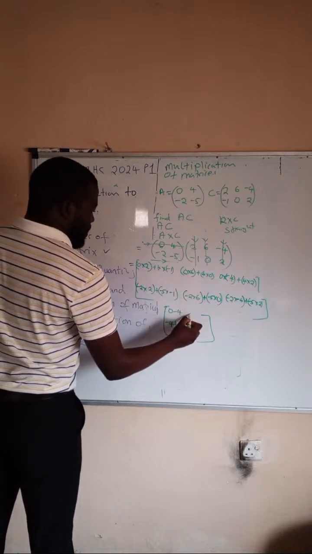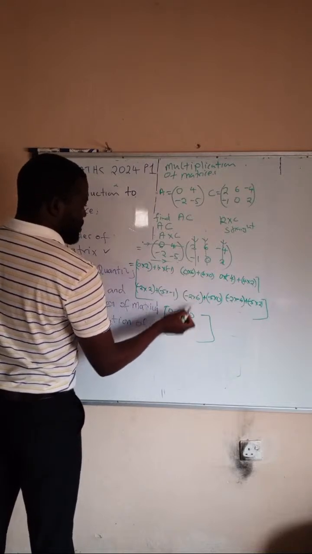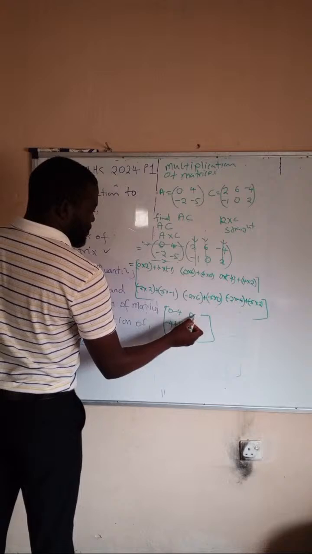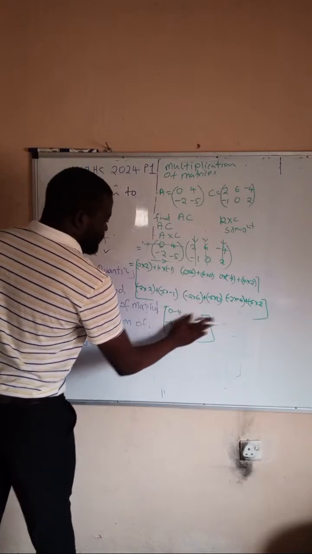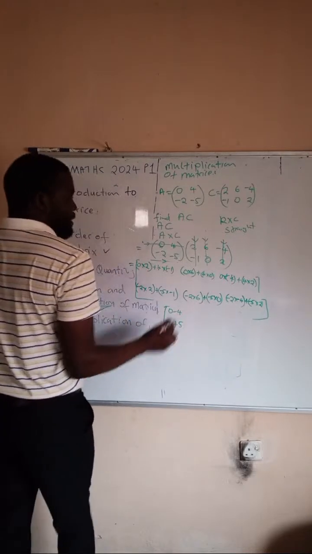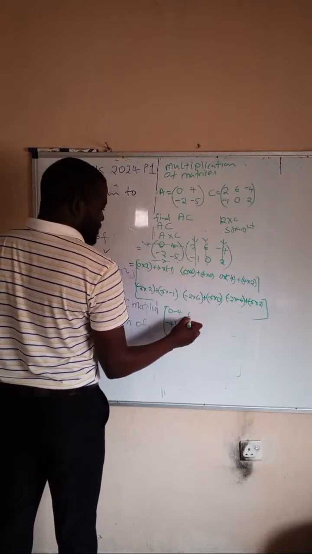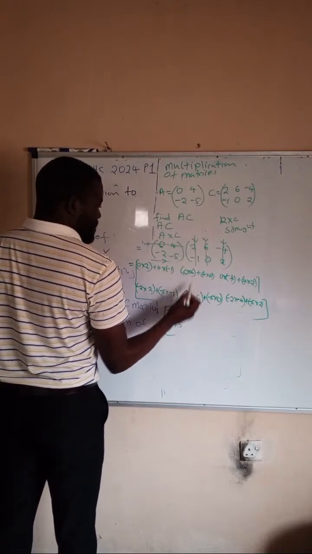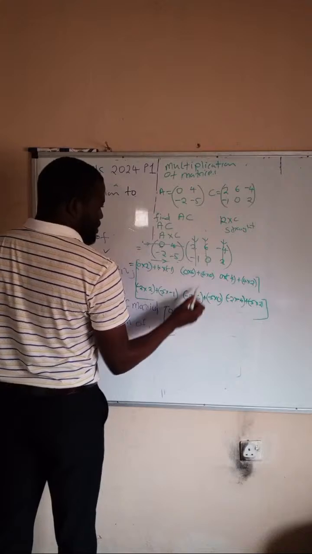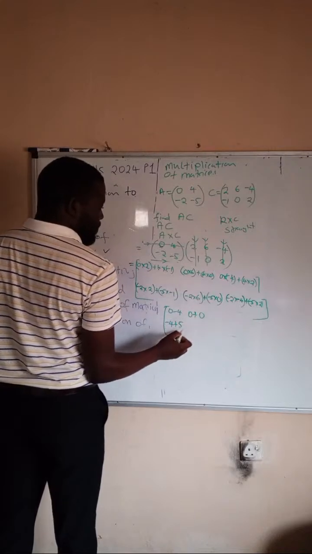Then we have 0 times 6, which is 0, plus 4 times 0, which is 0.